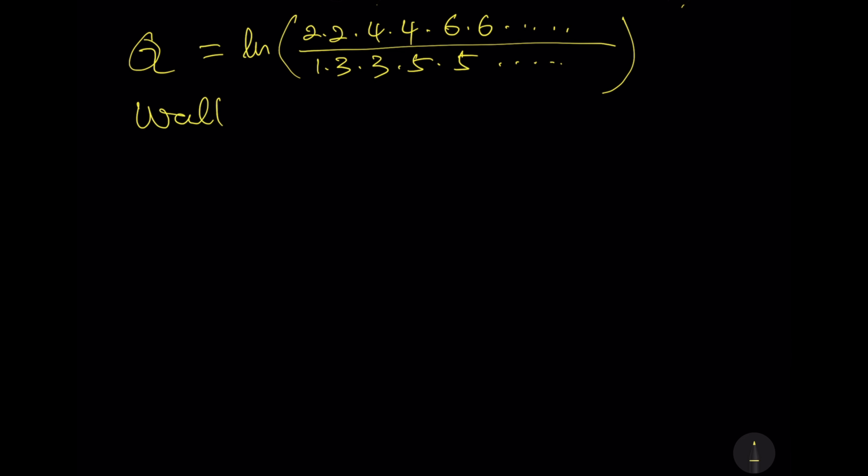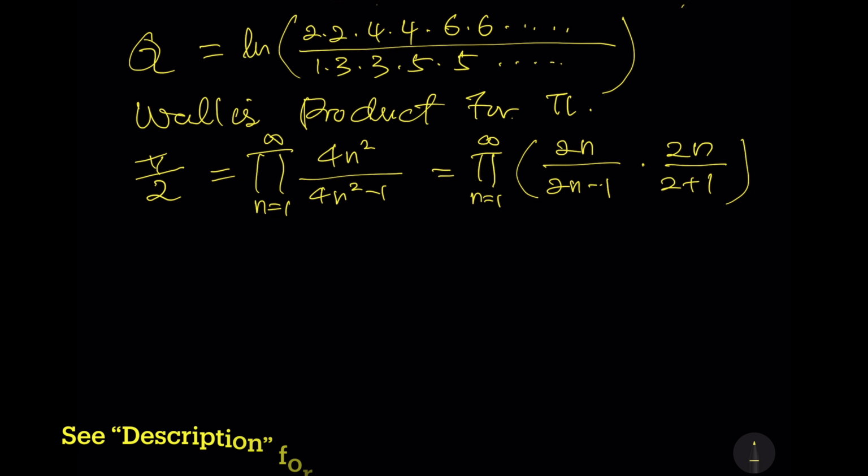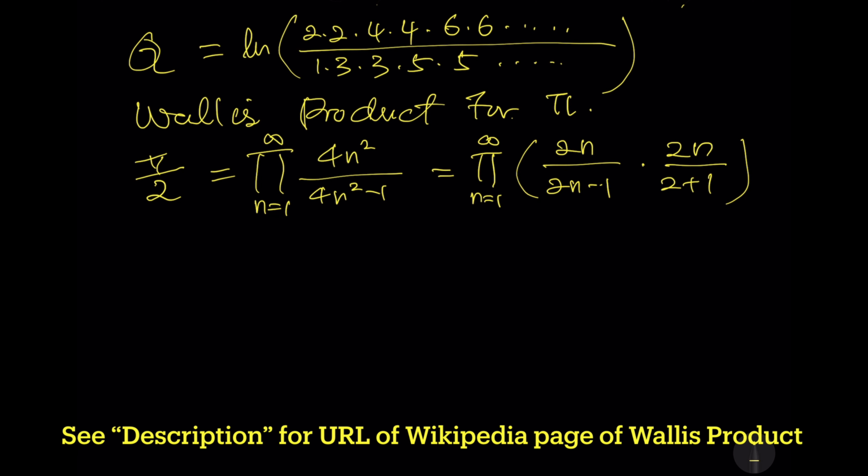Here we are going to use the Wallis product equation for pi. This is the equation: pi over 2 equals a product defined by Wallis. Don't worry if you do not understand the equation, because we don't need it.